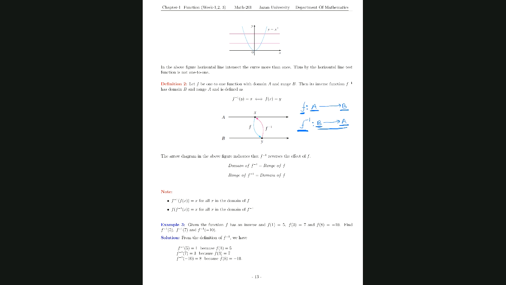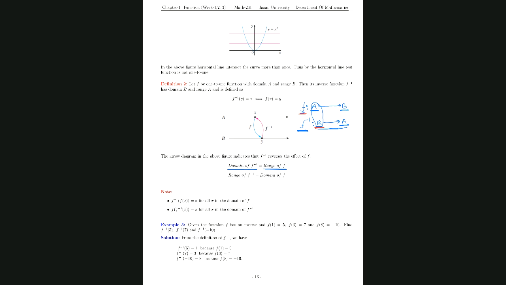So look here. The domain of f is a, and here is b. What is the domain of f inverse? You saw the range of f. The domain of f inverse is b, and the range of f is b.